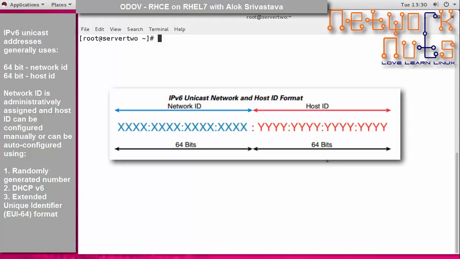You are free to choose your host IDs, or your host IDs can be auto-configured using randomly generated numbers, using DHCP version 6, or you might be using the extended unique identifier, EUI-64 format, right there on the screen. Now, it's the same if you notice, like IPv4.